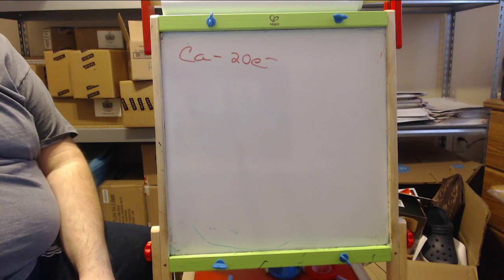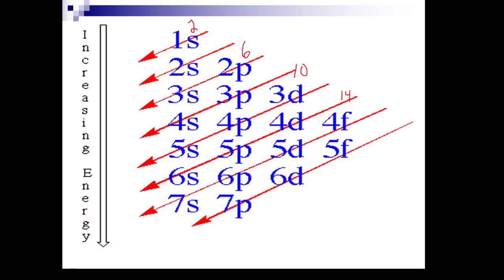If we go back to our picket fence, the 1s is going to hold 2. The 2s is going to hold 2. The 2p is going to hold 6. So there's a total right now of 10 electrons.